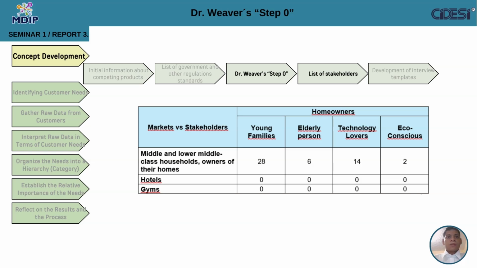The result of the stakeholder analysis and subsequent interviews was the matrix shown, which helped us understand the relationship between stakeholders and the markets proposed in the mission statement.